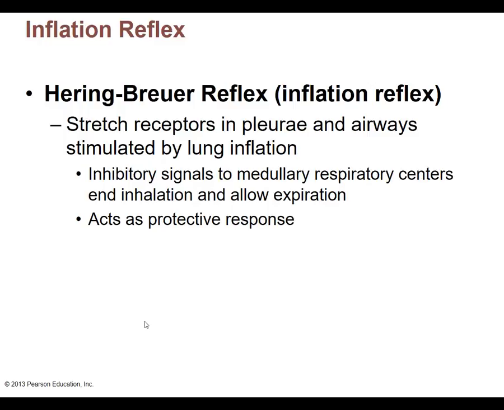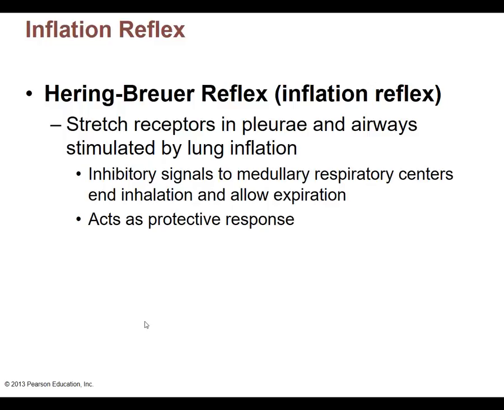So as we receive all this information that our lungs are stretching larger and larger, we start to have inhibitory signals that go to our medulla to end inhalation and allow us to breathe out. It acts as a protective response. It tries to prevent our lungs from overstretching, from filling up too much and causing damage.